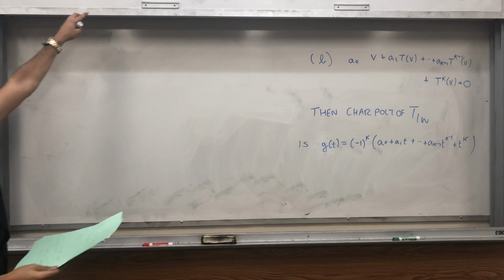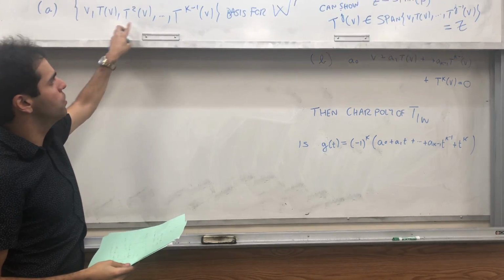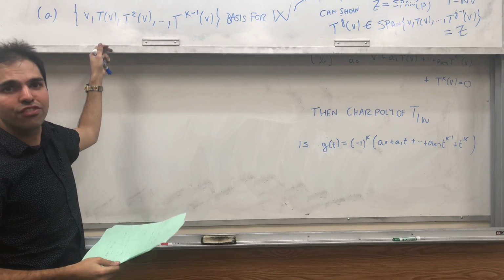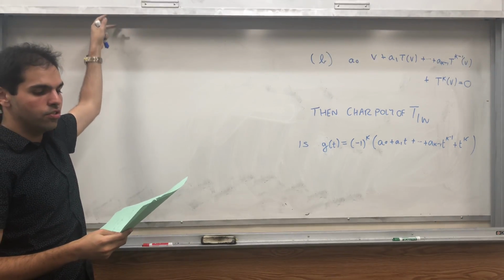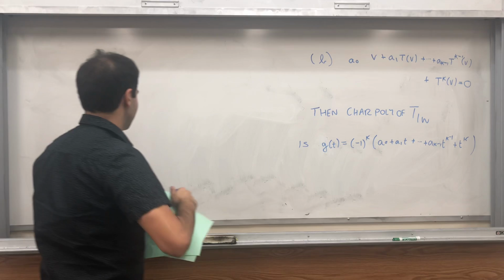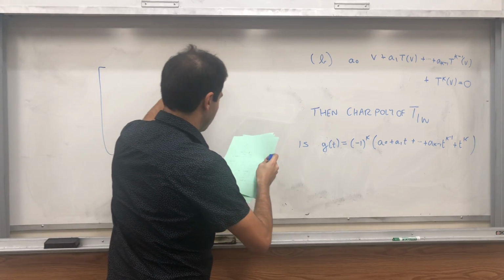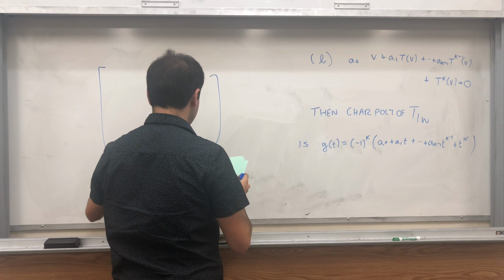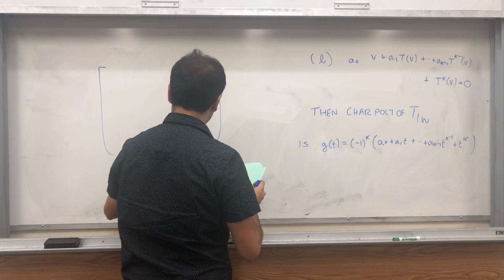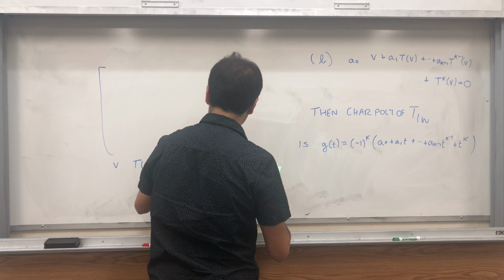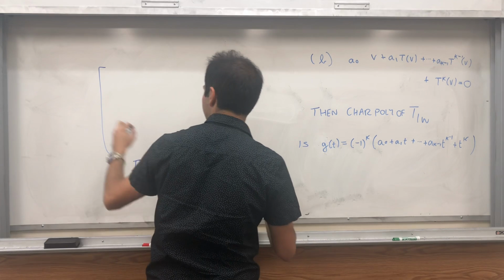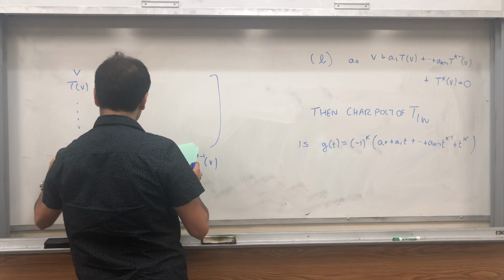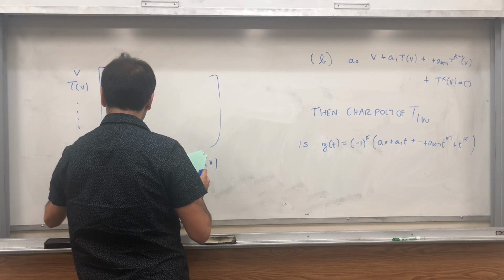So, remember, this set is a basis for W. So we can actually find the matrix of T, I guess T restricted to W, with respect to this basis. So what you're doing, again, this is the basis for W: v, Tv, ..., T^{k-1}v, and you want to express it in terms of v, Tv, ..., T^{k-1}v.